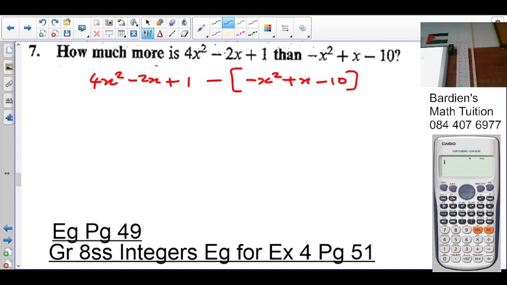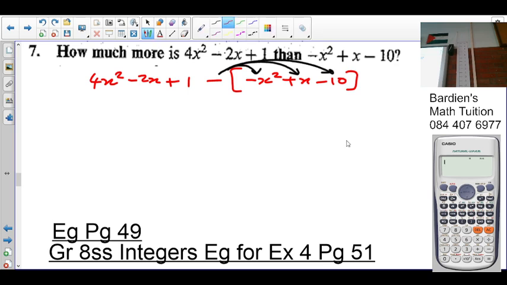Why a bracket, people? It's more than one term following a negative sign. You guys got it? So what do I do now? Multiply. Get rid of the brackets.